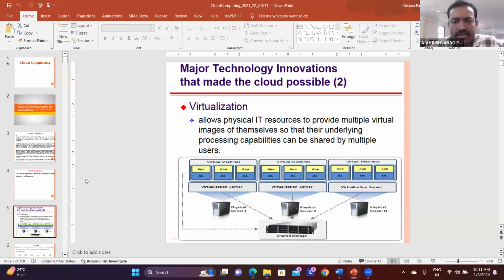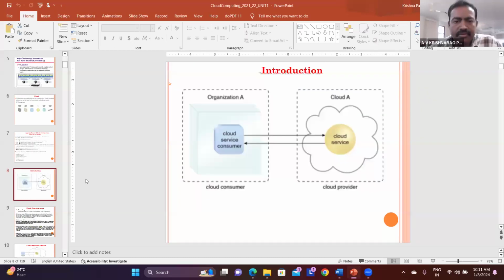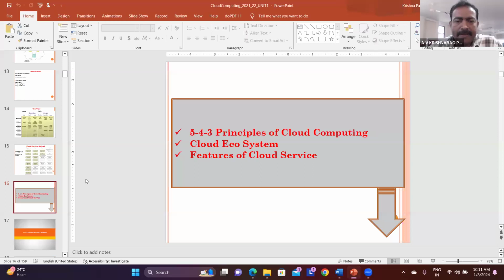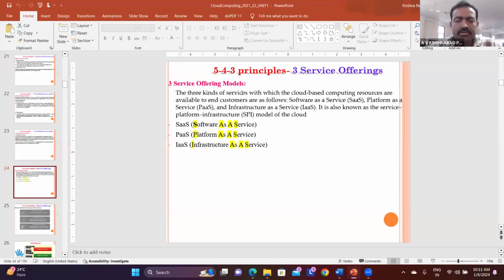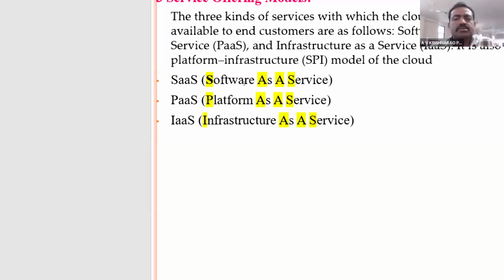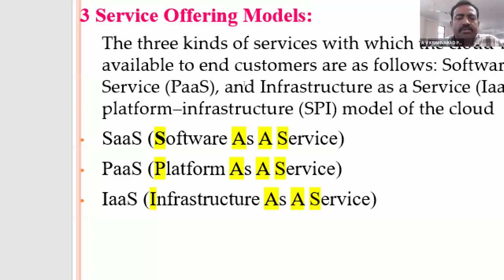So let me first give some introduction. Cloud is available mainly in the form of these services: software as a service, platform as a service, infrastructure as a service.